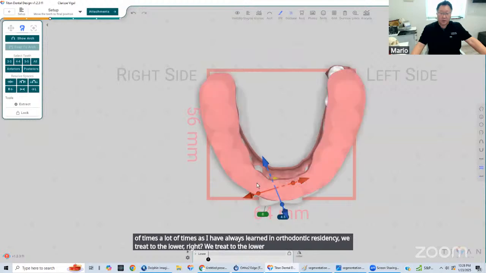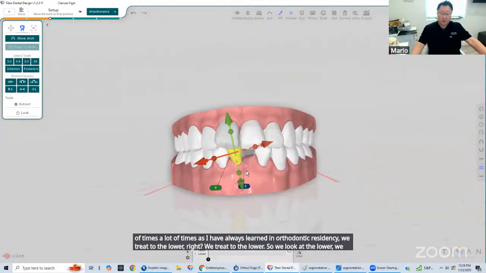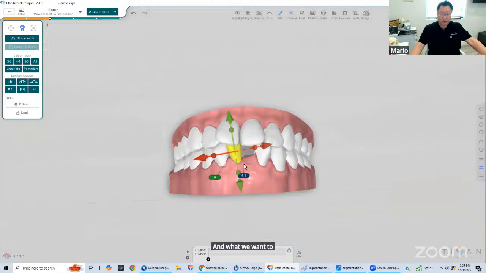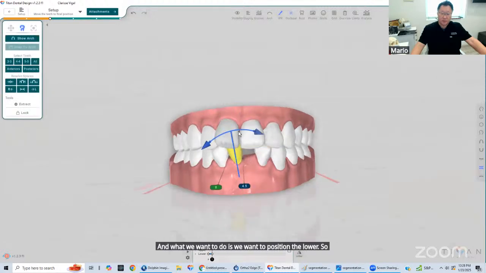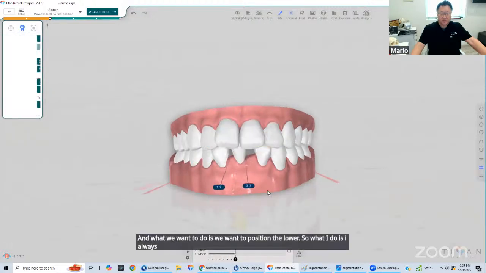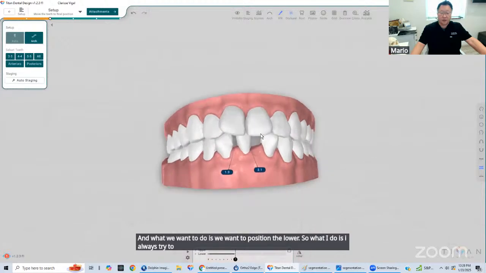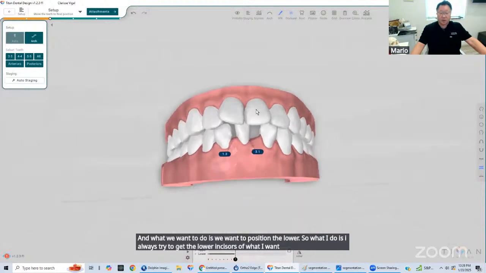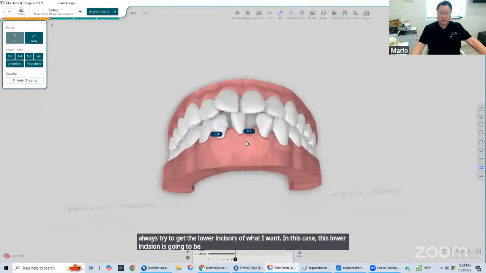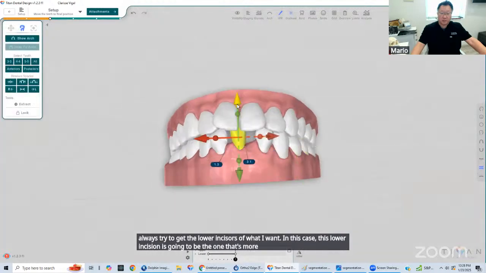So we look at the lower, we look at the top, and what we want to do is position the lower. What I do is I always try to get the lower incisors where I want them. In this case, this lower incisor is going to be the one that's more or less in the middle.